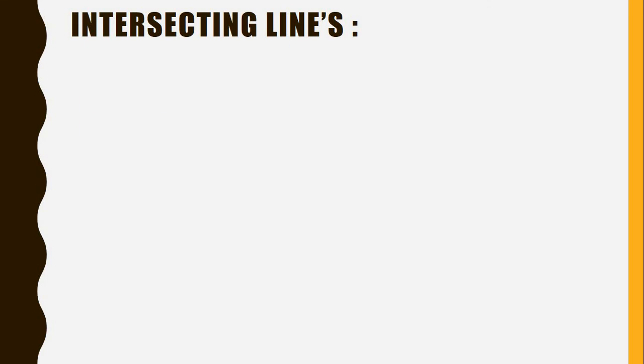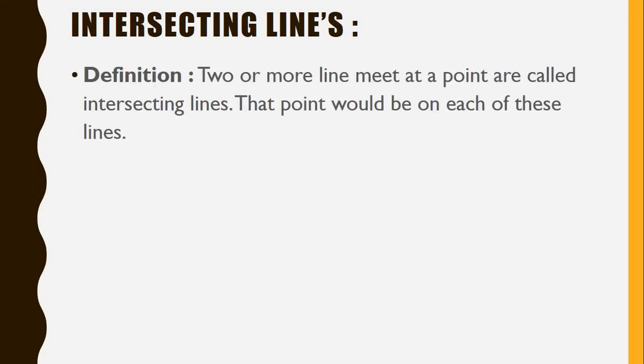Intersecting lines. Definition: two or more lines that meet at a point are called intersecting lines. That point would be on each of these lines. Here is the example, or we can say the diagram of intersecting lines.